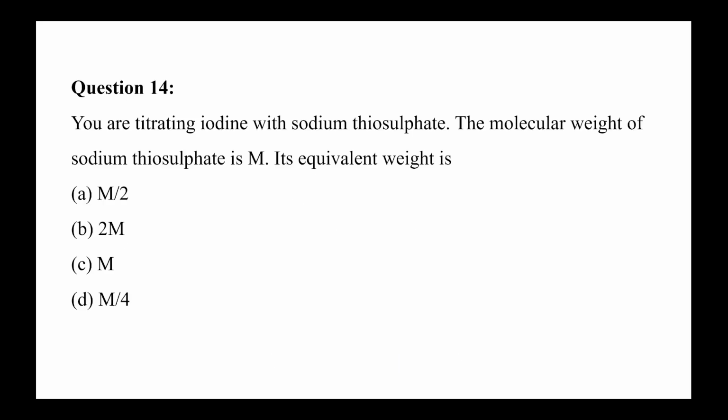Question number 14. You are titrating iodine with sodium thiosulfate. The molecular weight of sodium thiosulfate is m. Its equivalent weight will be option A m by 2, option B 2m, option C m, and option D m by 4.